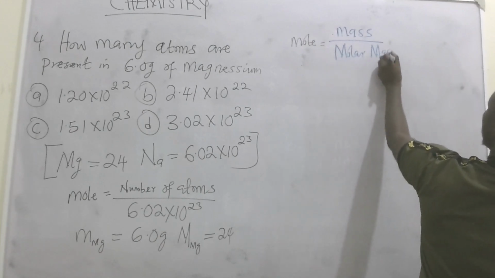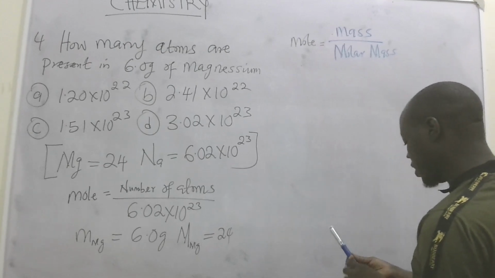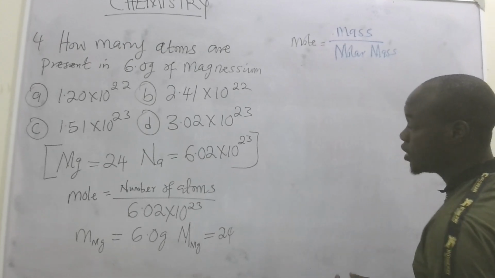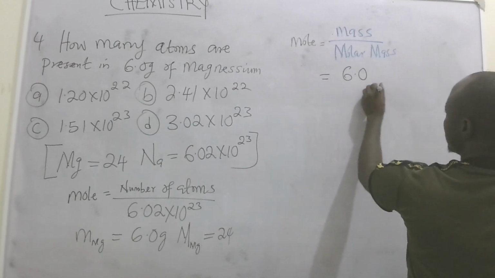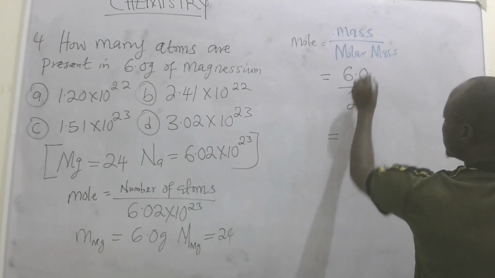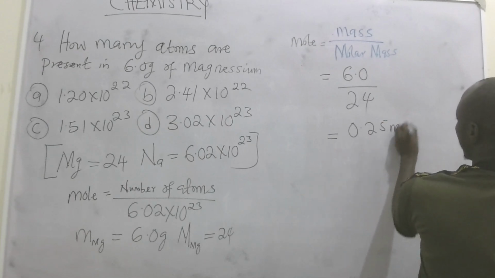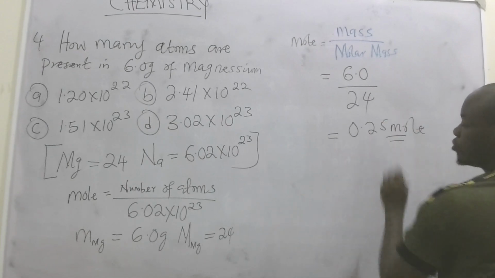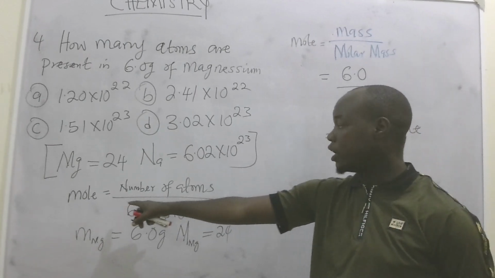The mass is 6.0, divided by the molar mass, which is 24. This divided by this, we have 0.25 mole.